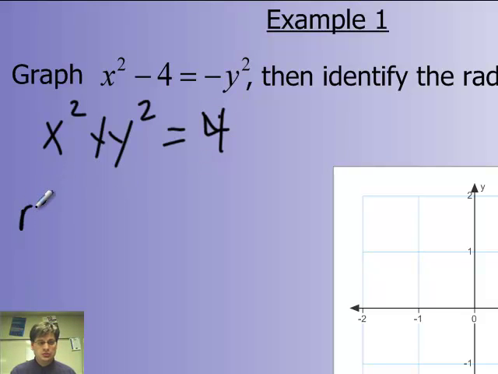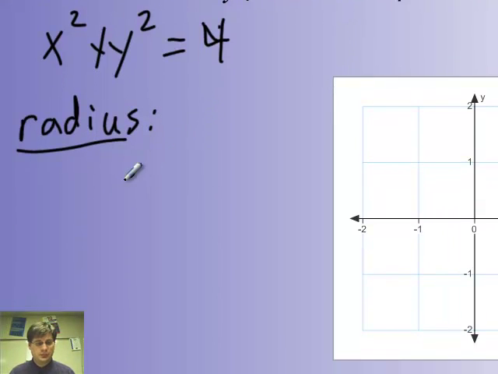Now I want to label what the radius is going to be. And to find the radius, well, it's going to be r equals, and remember, 4 is for r squared. So I'll just say r squared is equal to 4.